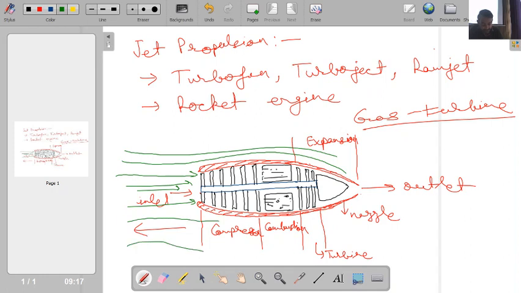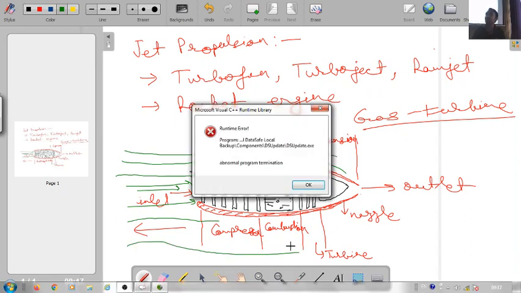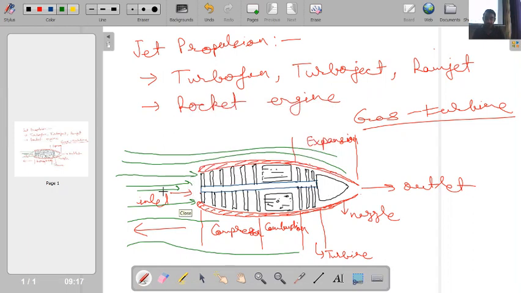Is this point clear? Whenever the aircraft propels, part of the fluid will be going inside, which will participate in the actual process as a working fluid for operating this gas turbine engine, and the remaining portion of the fluid which is coming from the free stream will pass over the body.